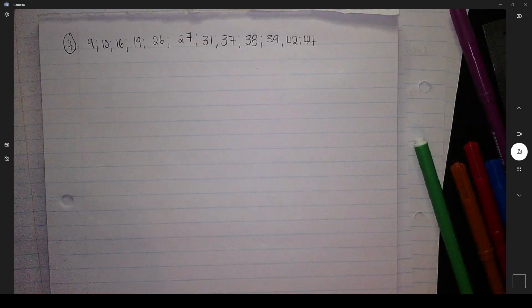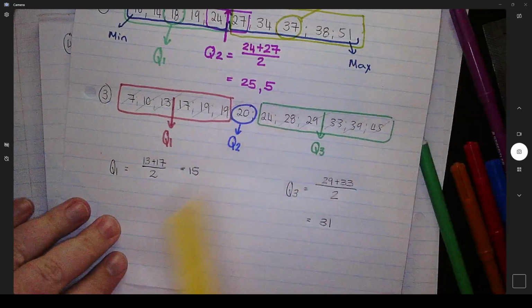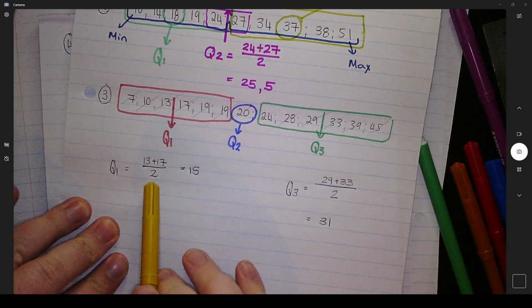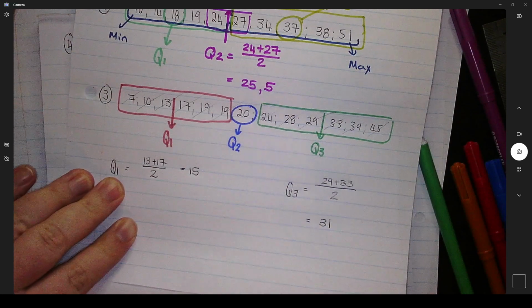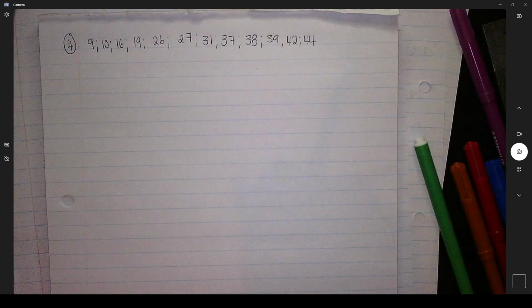Alright, last example over here. And the example is the, quote, most difficult. The only reason that it is the most difficult is because we're going to have to do this process of adding and then dividing by 2 for all 3 quartiles. Right.